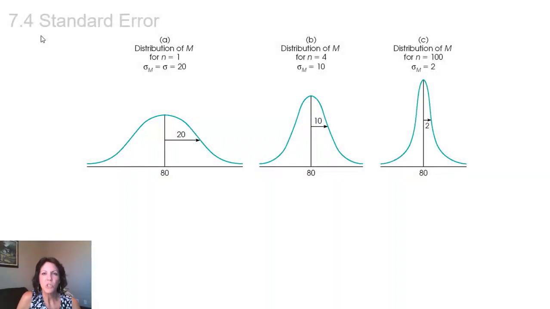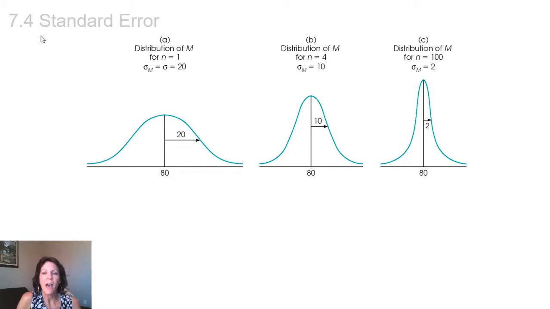So here's some illustration of what this means. You will remember the first illustration from lesson 6. We have the distribution of the means, and if we only have one mean, the standard error is going to equal the standard deviation for the population. We're going to illustrate this more with some numbers, but just keep in mind that if we only had one mean, the standard error is going to equal the standard deviation.